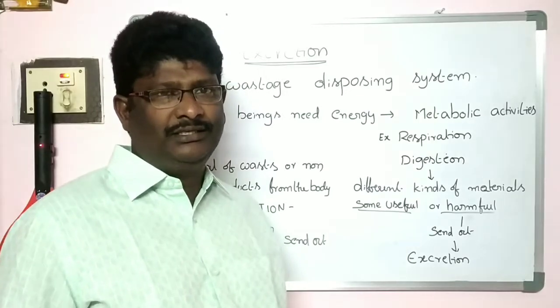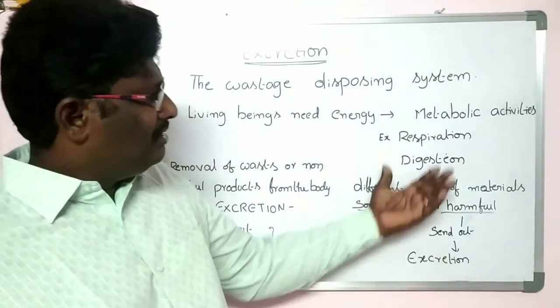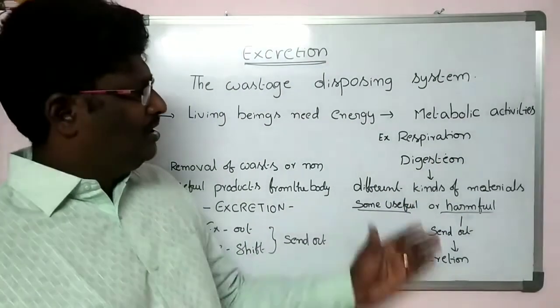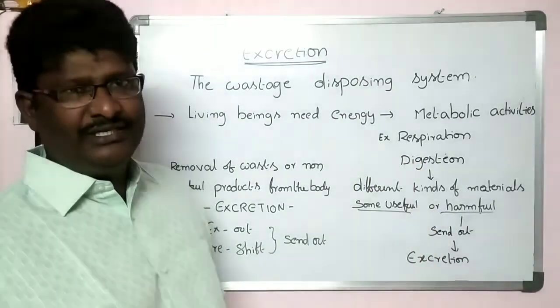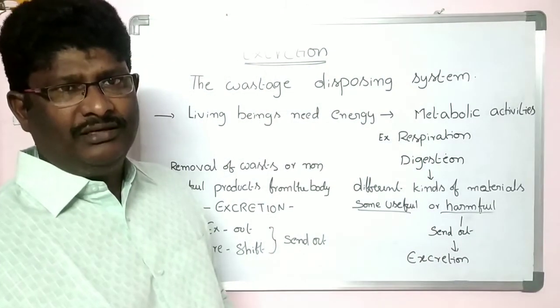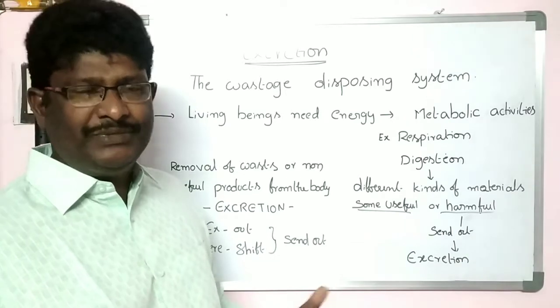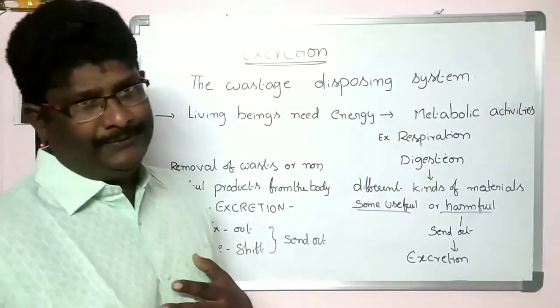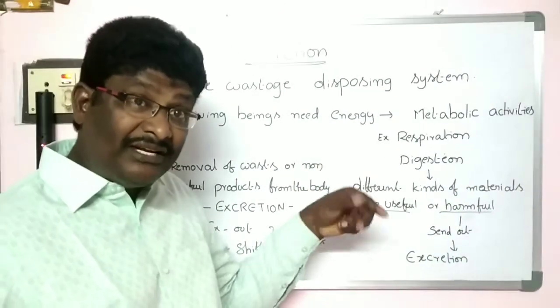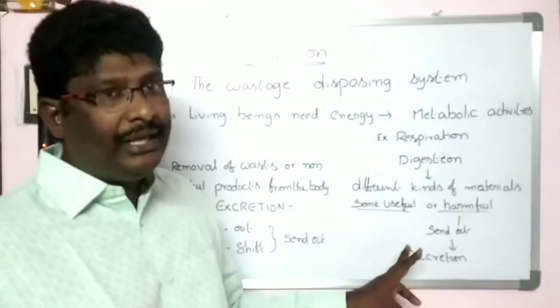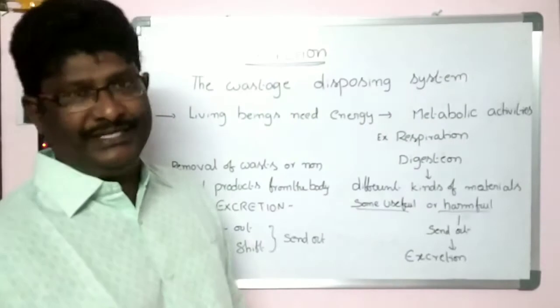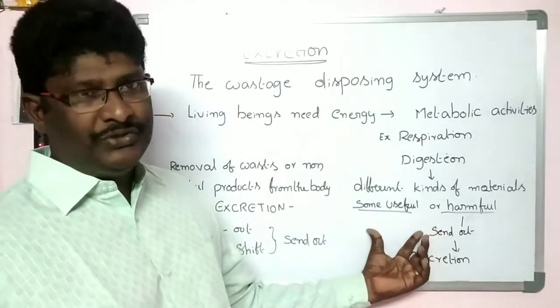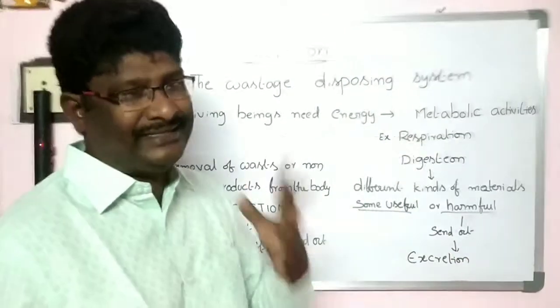Actually, what are the metabolic activities? Respiration, digestion, circulation, respiration. So many metabolic activities are there in our body. When these take place in living organisms, they produce useful and harmful products.